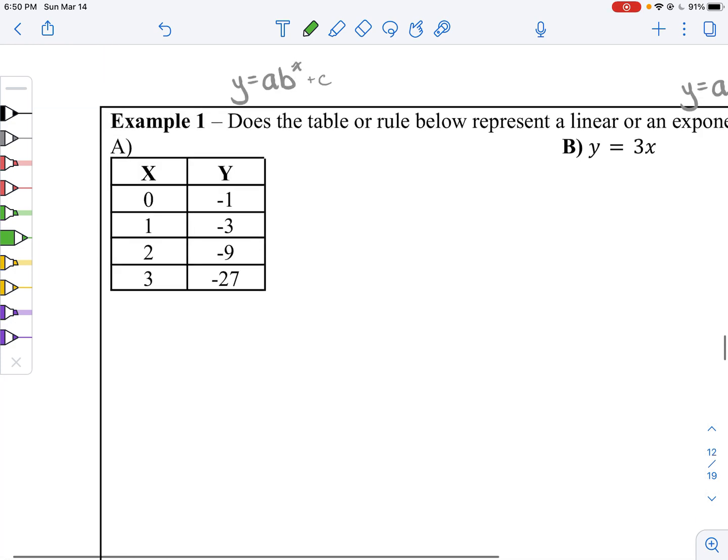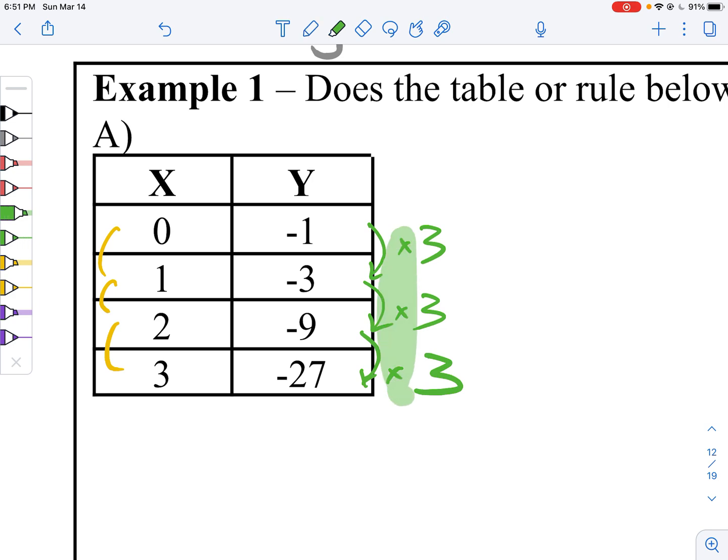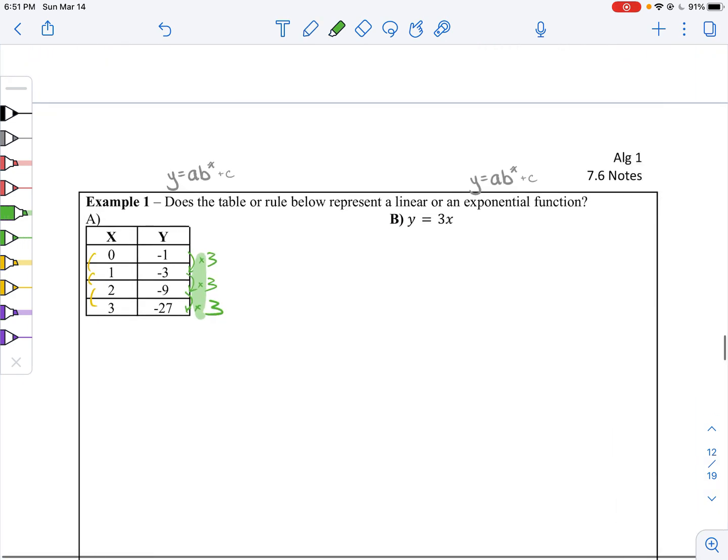So we want to figure out, as x increases by 1, does y multiply times the same thing? Here it's multiply times 3, times 3, times 3. Awesome. We're not adding 3, we're multiplying by 3 each time. So that makes this exponential.